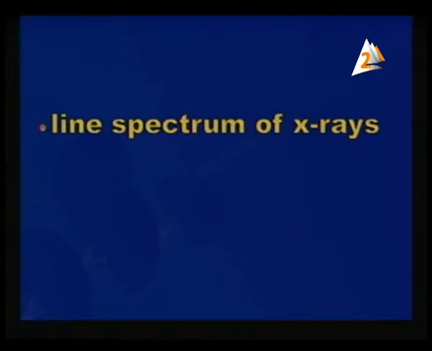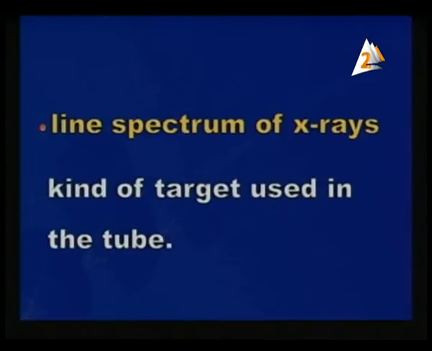Factors affecting the line spectrum of X-rays. The factor is the kind of target used in the tube. So the line spectrum of X-rays depends on the kind of target used in the tube.